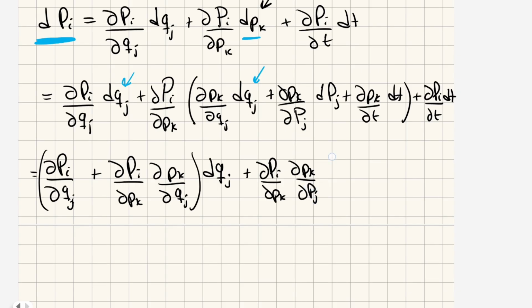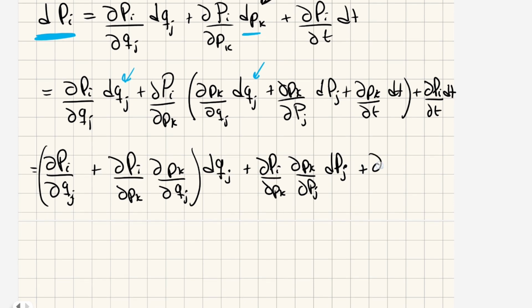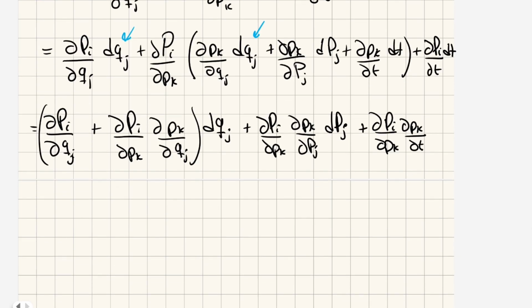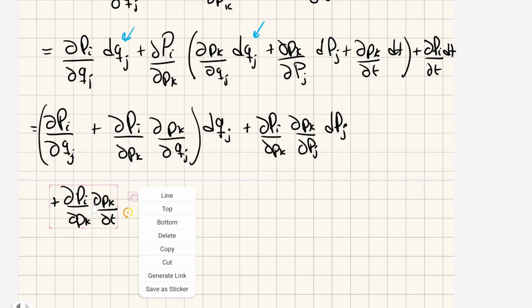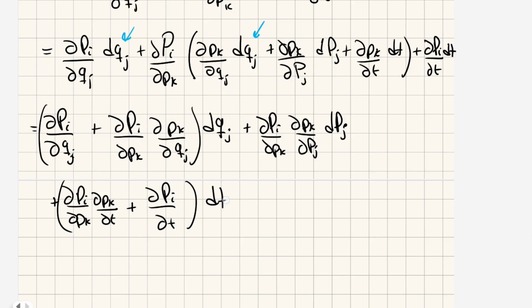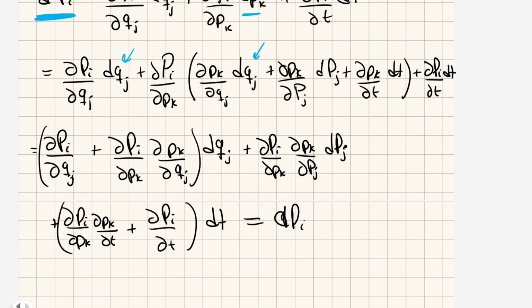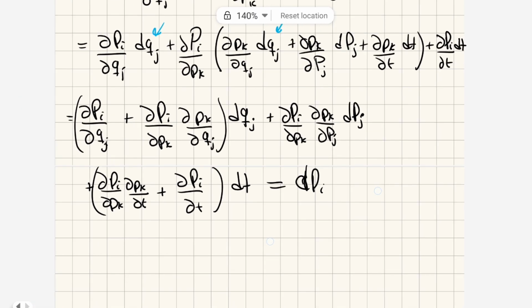And then plus the partial of Pi with respect to pk times the partial of pk with respect to time. Let me move this to make some space. Here it sums with the partial of capital Pi with respect to time, then we factor dt, okay? And recall that this is equal to dPi, right?